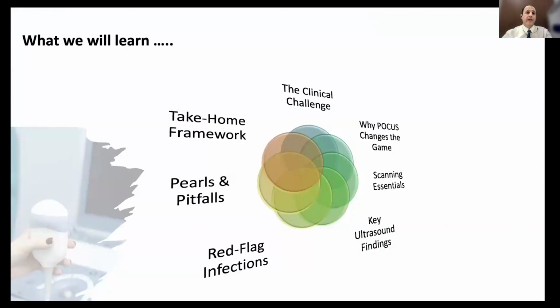What we will talk about today is POCUS in soft tissue infection. We will discuss the challenges you may have in physical examination when facing a patient with soft tissue infection, and how POCUS acts like a game changer and sharpens our clinical skill.